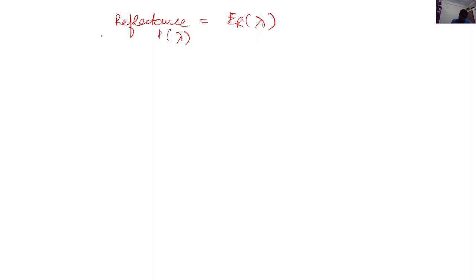So it can be represented as ER lambda by EI lambda. One thing is for sure, that this reflectance can never exceed 1 or 100 percent of the incident energy. That is for sure, and it can of course not be less than 0 also.